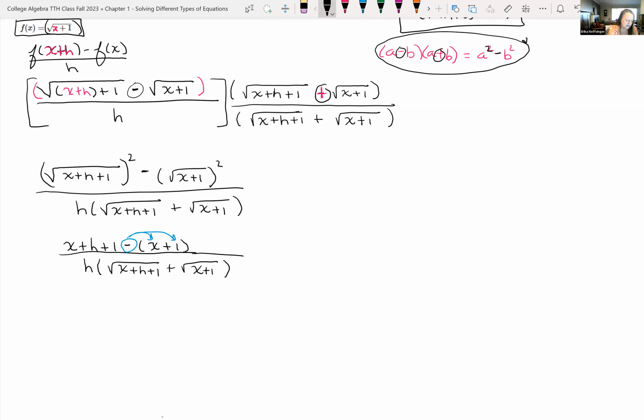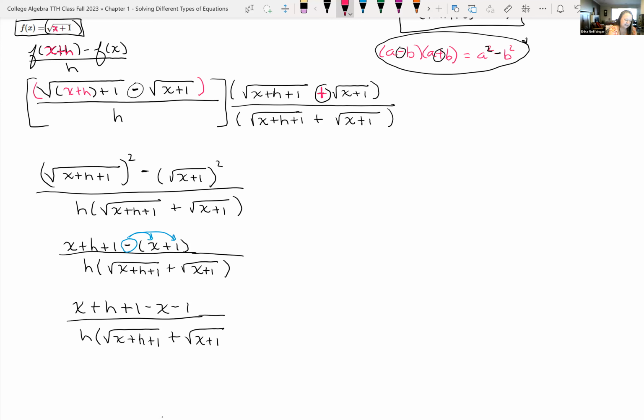So let's first bring down the other pieces of the numerator, x plus h plus 1. Distributing a negative 1, we get negative x minus 1, all over h times the quantity square root of x plus h plus 1 plus the square root of x plus 1. So like before, things in our numerator are going to start canceling out.